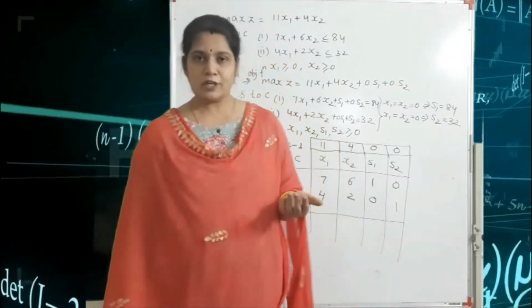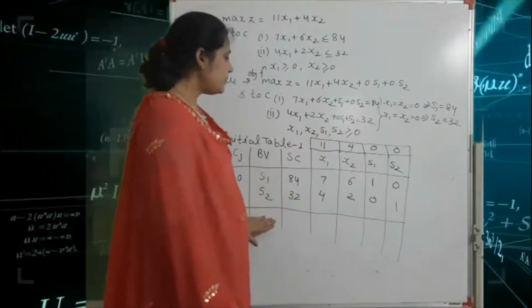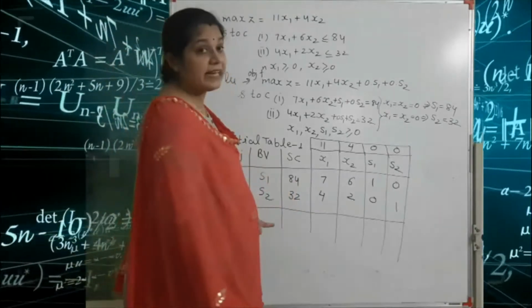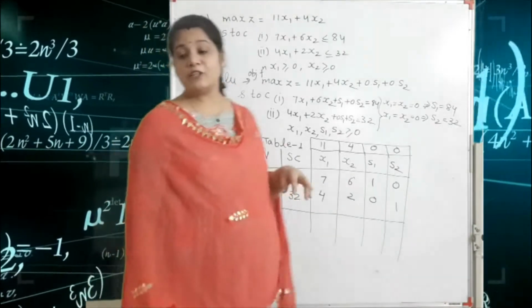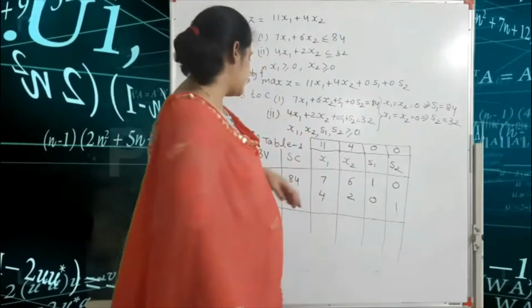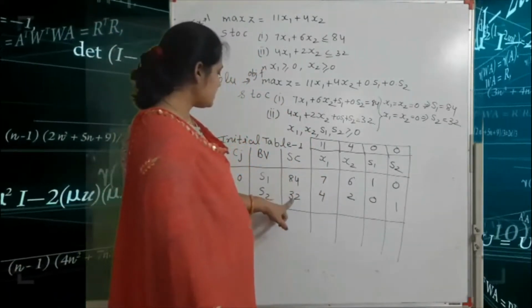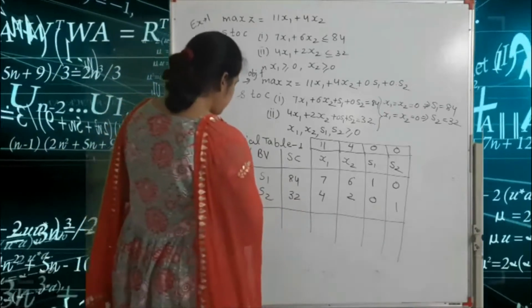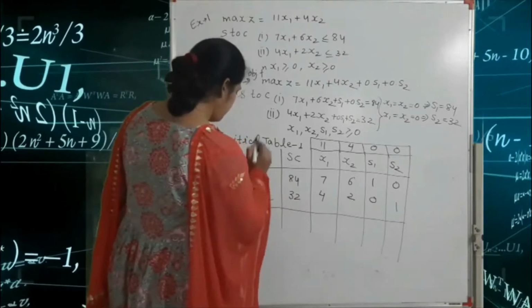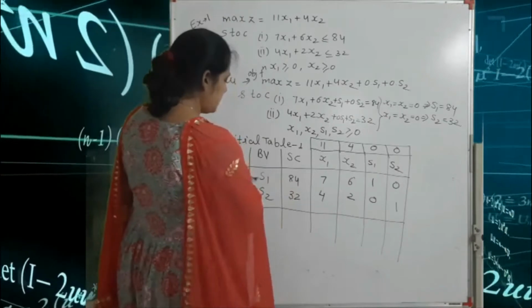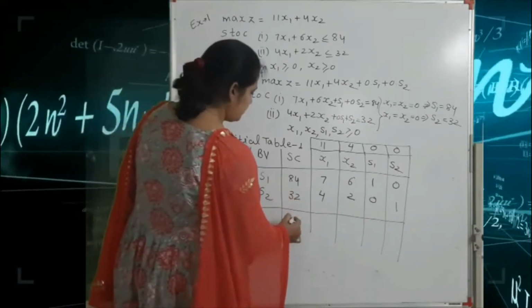Got it? So here we write this row according to our maximized z, that means the objective function, and the subject constraint equations. Next one is we find the Zj. What is the value of the Zj? For Zj we write 84 into 0 plus 32 into 0, that means 0.